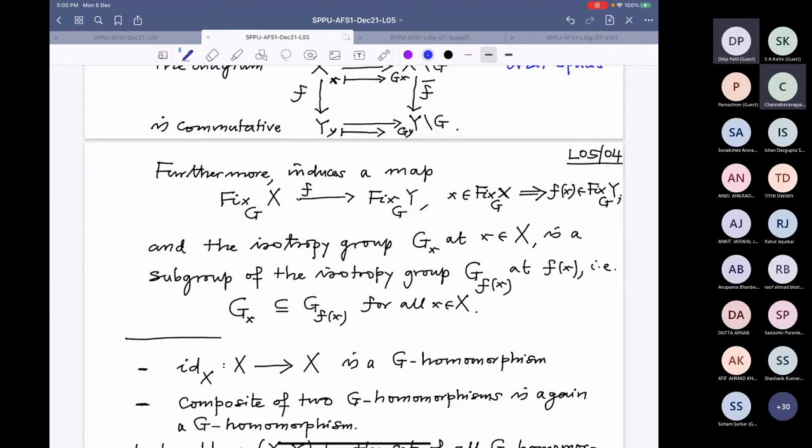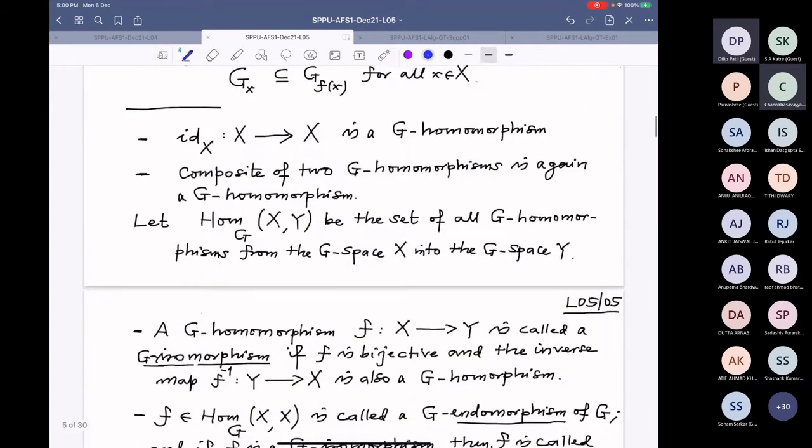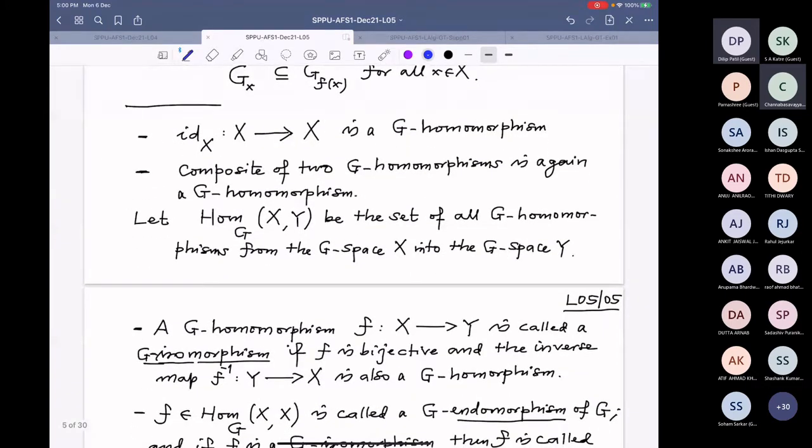This kind of thing comes in every subject. And as usual, Hom_G(X, Y), I will denote the set of all G-homomorphisms from the G-space X to the G-space Y.